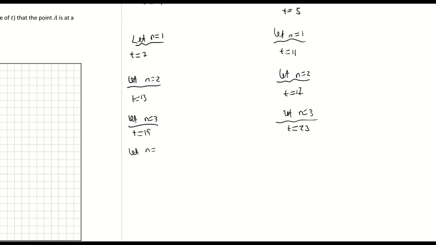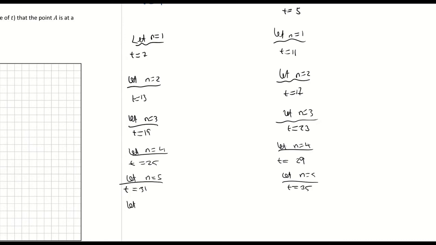Let n is equal to 4, I'm getting t is equal to 25, t is equal to 29. Let n now equal to 5, t is equal to 31, t is equal to 35. Let n is equal to 6, I have t is equal to 37, t is equal to 41.